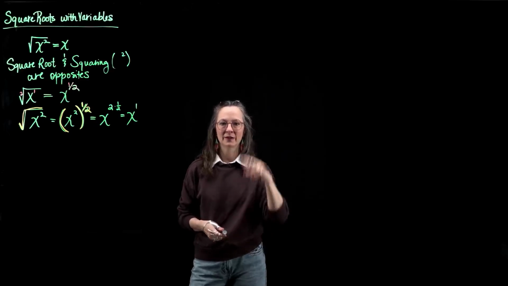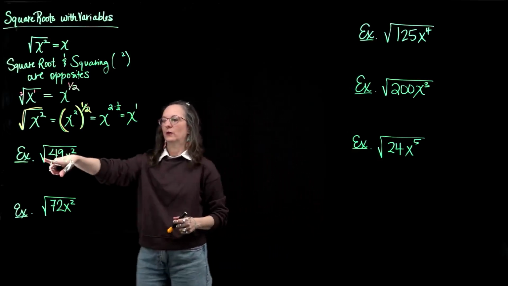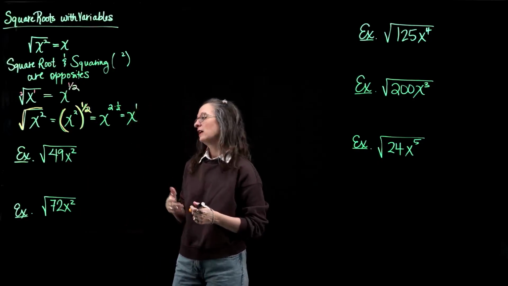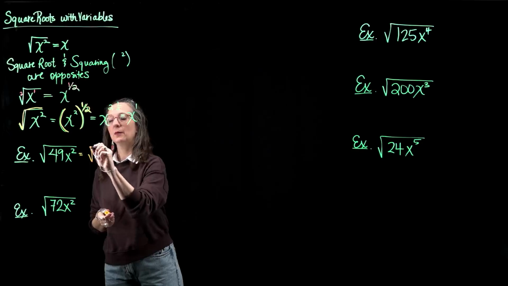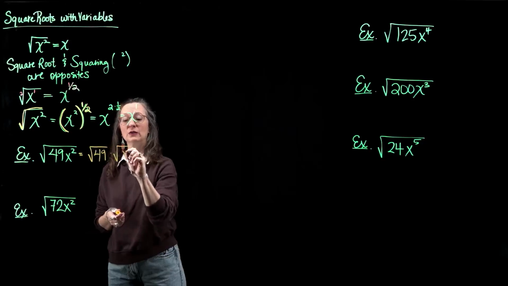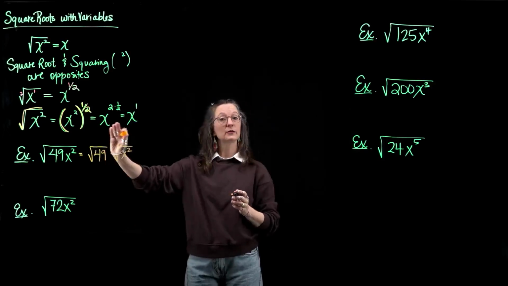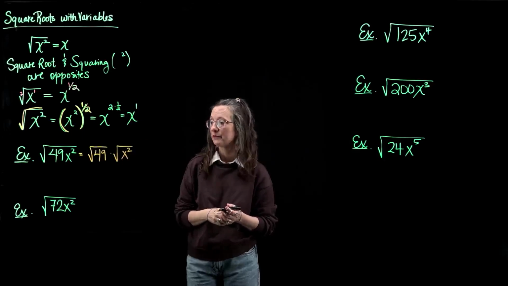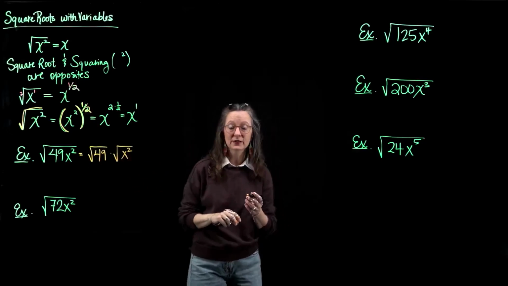Let me put those up on the board. Okay, let's take a look. So I have the square root of 49x squared. Remember that we can break this up. I can break it up as square root of 49 times the square root of x squared. And that's really important because it allows me to deal with the numbers separately from the variables. 49, as you recall, is one of our perfect squares.